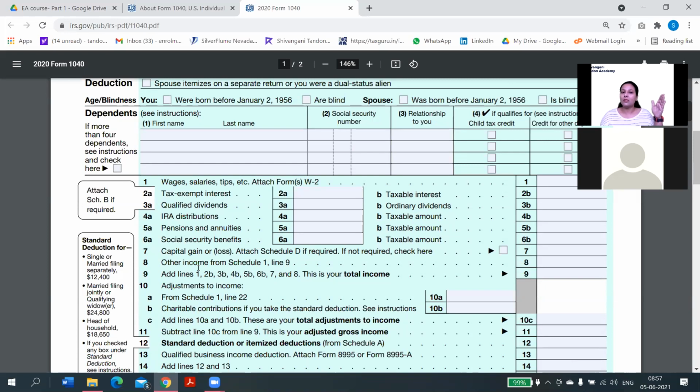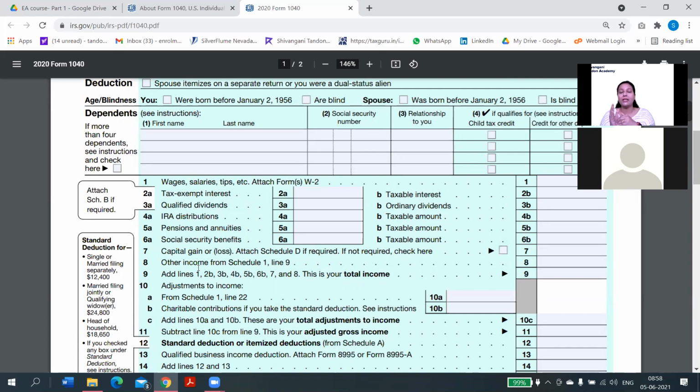Active income means where you are physically, actively involved to generate the income, that is your salary, tips, wages, where you actually did some work to get the income in your hand, right? Passive income is what? You are not physically involved to generate any income. That means you have invested the money and you receive the income. That is your investment income.